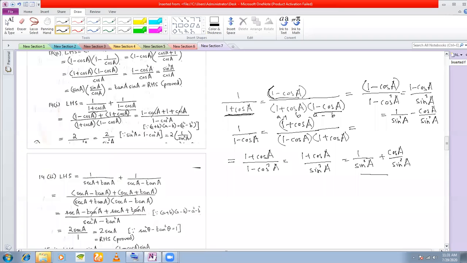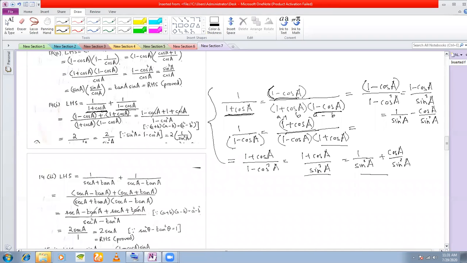If I see a 1 plus cos A in the denominator, I am tempted to multiply the numerator and denominator by 1 minus cos A. Similarly, for 1 minus cos A, if I see it, I am tempted to multiply by 1 plus cos A in the numerator and denominator because of the following steps. But what you see is that this expression is actually a sum of a fraction containing 1 plus cos A in the denominator and 1 minus cos A in the denominator. You can proceed in this way, no problem.